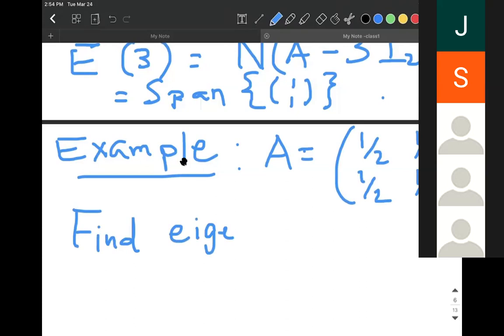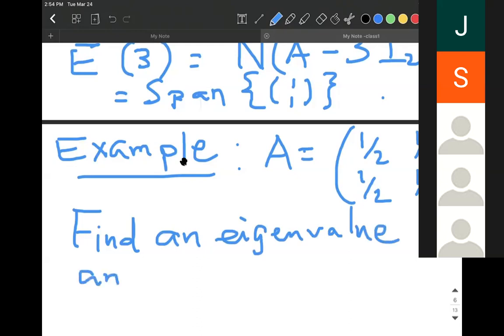Find, okay, now I'm in trouble. Now it's working. Who knows what happened? Find an eigenvalue and an eigenvector for A.